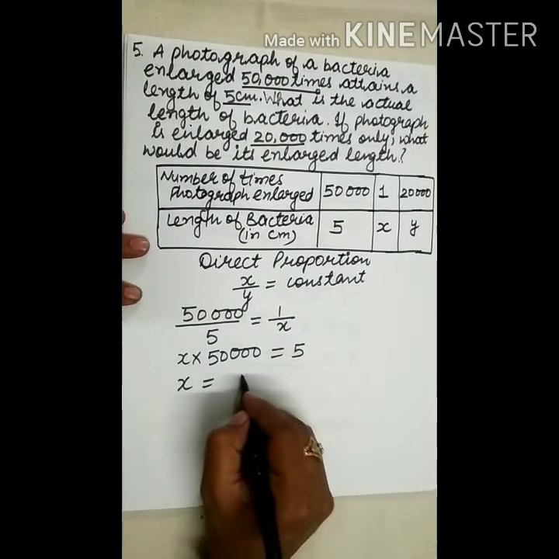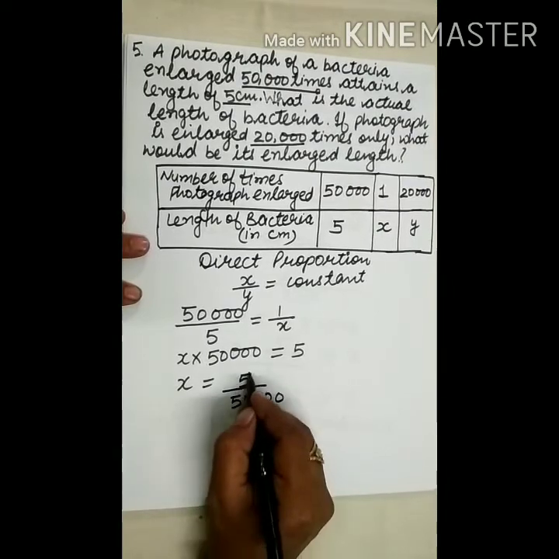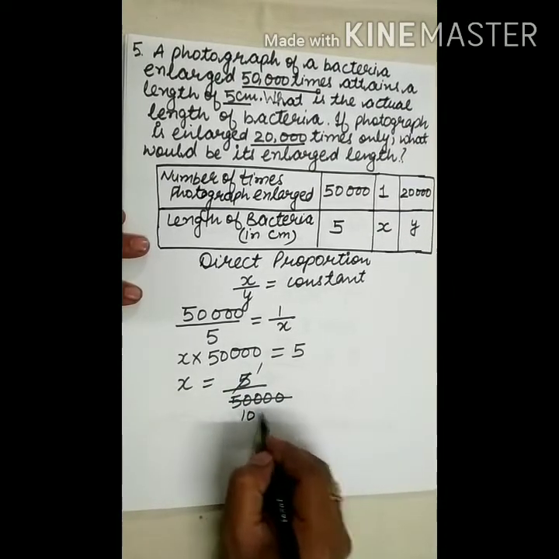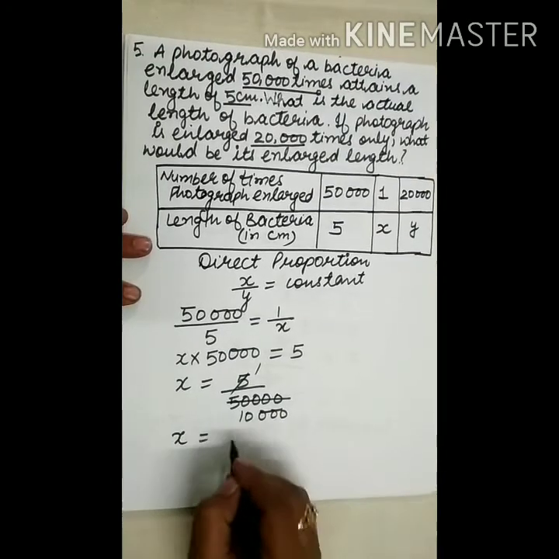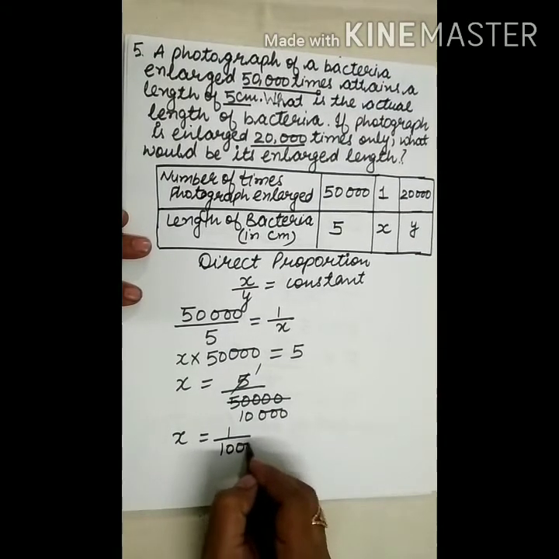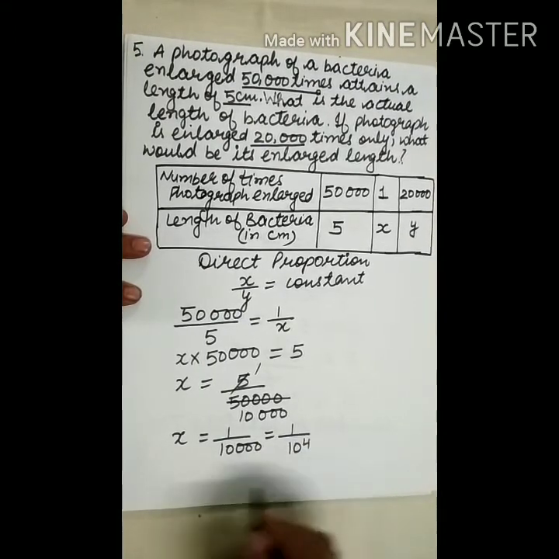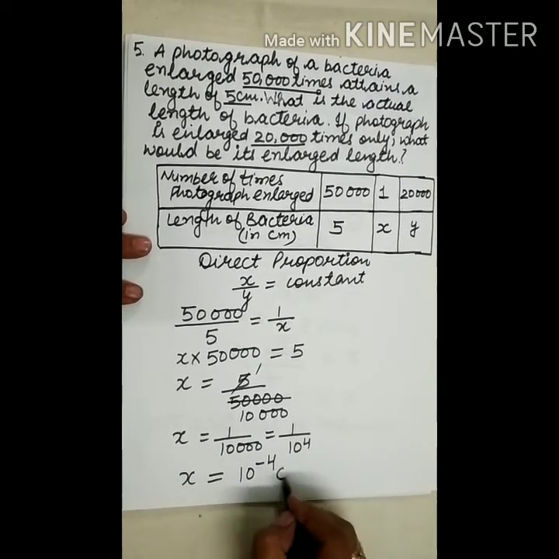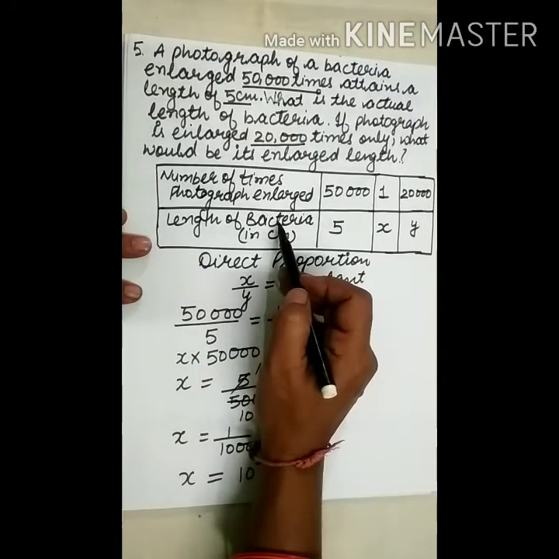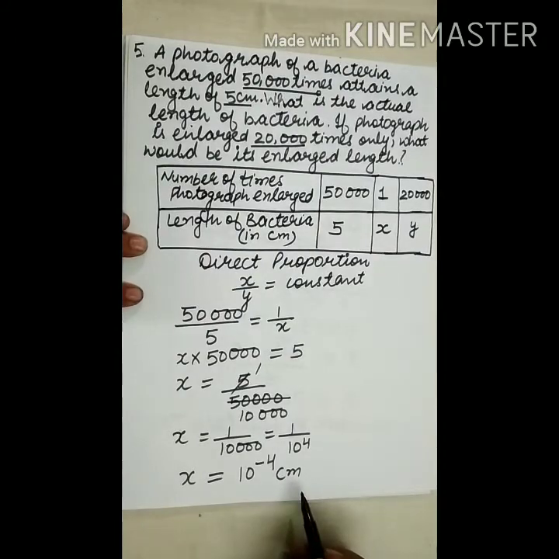So x must be equal to 5 upon 50,000. 5 ones the 5, 10,000, 5s the 50,000. So x must be equal to 1 by 10,000, which is equal to 1 by 10 raised to power 4. So we can say that x is equal to 10 raised to power minus 4 centimeter, as the length of the bacteria is in centimeters. So the value of x must be written in centimeters.